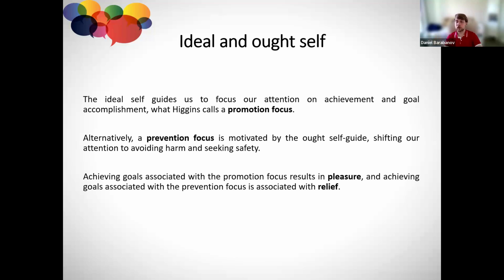So relief and satisfaction and pleasure are very different motivators, right? So you can see what is stronger in yourself, promotion focus or prevention focus.